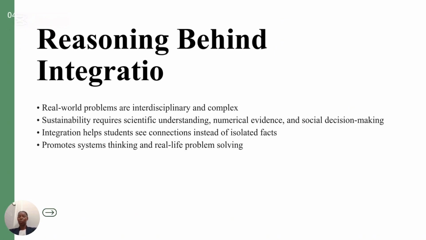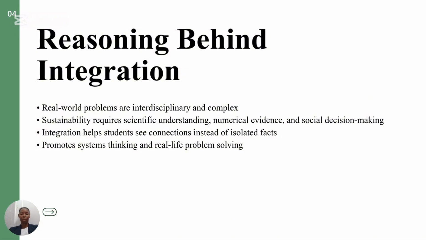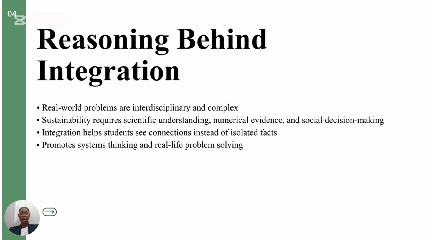Now, why did we choose this? What you would first want to consider is that sustainability is a real world problem, and most real world problems are not confined to just one field. They are interdisciplinary and complex, and that was the same for sustainability.